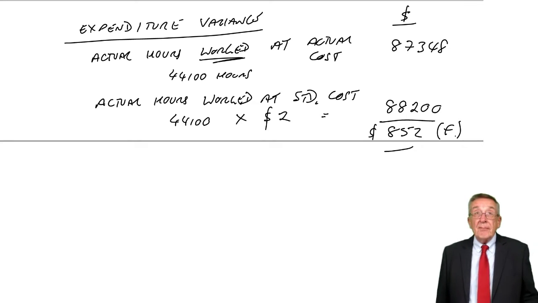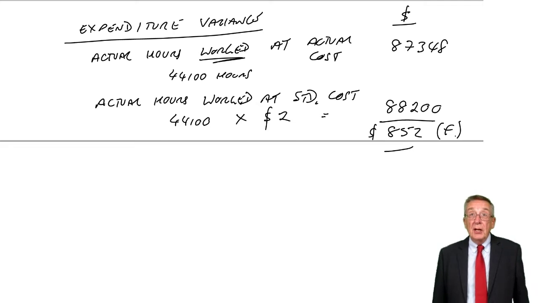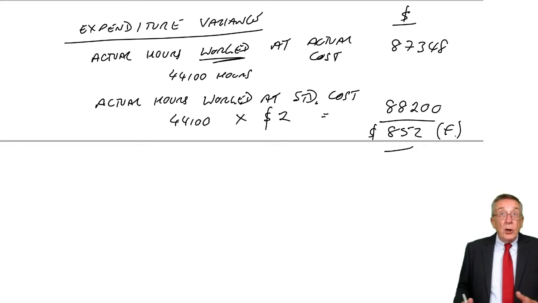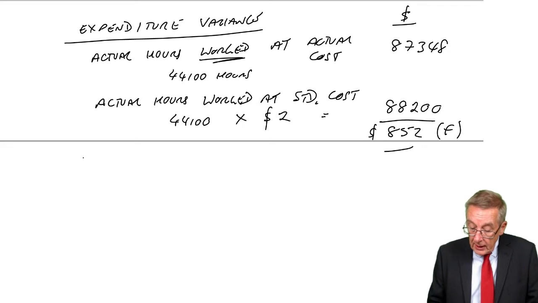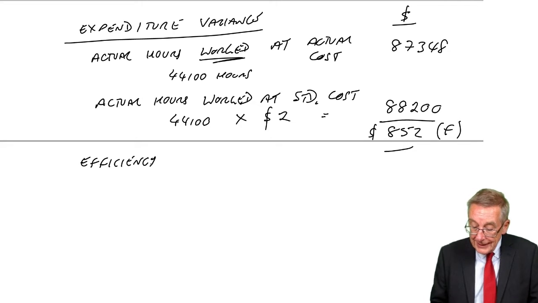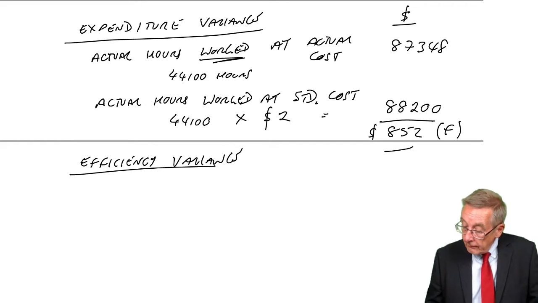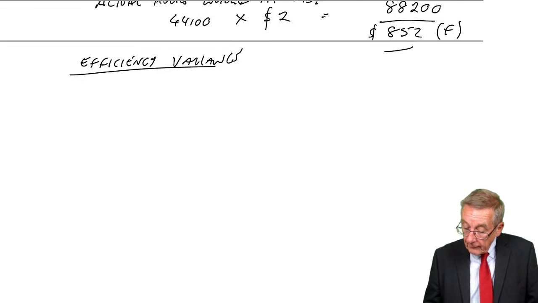Finally, of course, even if we had paid $2 an hour, did we work faster or slower than we would have expected? Did we, as a result, save money, lose money? And so, still variable overheads, but the efficiency variance, let's check.